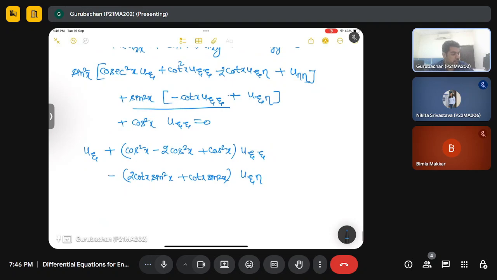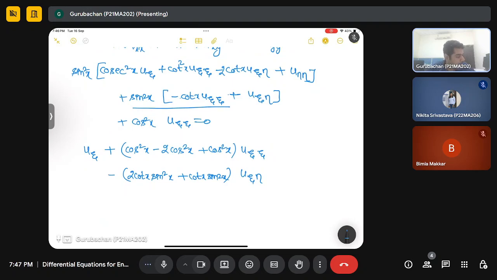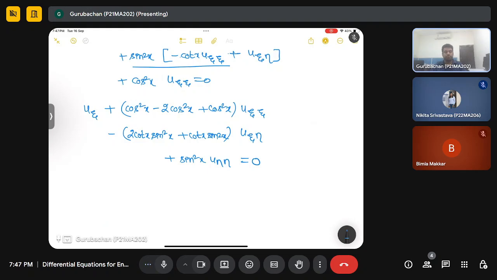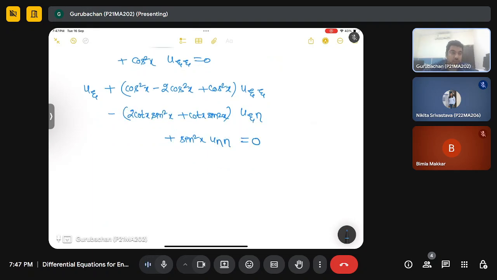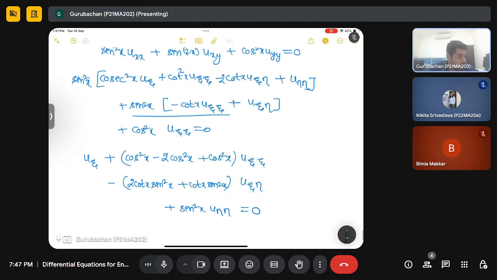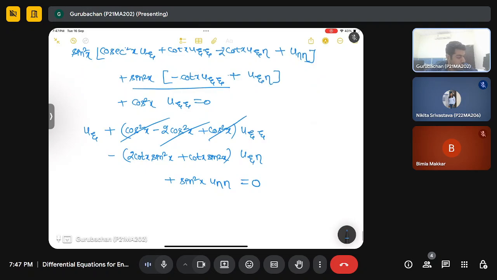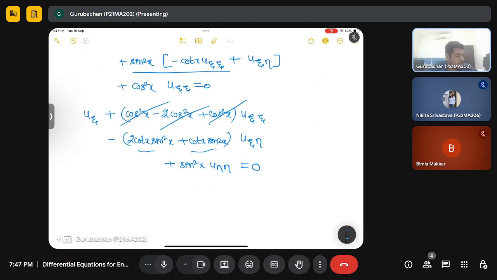The last expression is u eta eta, so plus sine square x u eta eta is equal to 0. Let us solve this one. Only the terms of u eta eta must be left, and u xi eta will have to cancel out in some sense. It is easy to see that these are cancelling, so this factor will be 0. Now we have to just see these two factors.